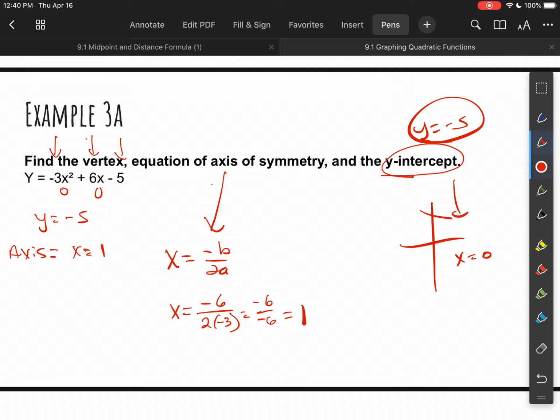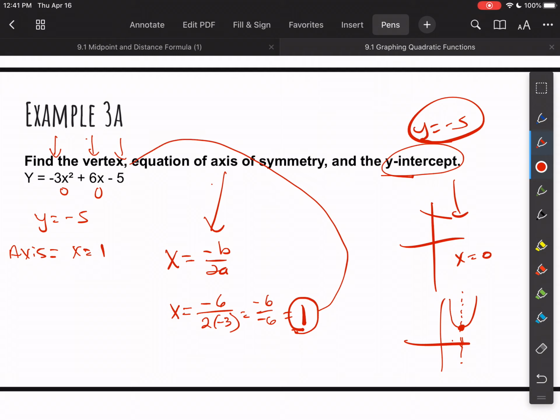is x equals 1. Now to find the vertex, look guys, the axis of symmetry, say we have a parabola that looks like this, will always run through the vertex at that x value. So I'm going to take this x value and plug it back into the equation for x, to find out what the y value is right there. y is equal to -3 times 1 squared plus 6 times 1 minus 5.